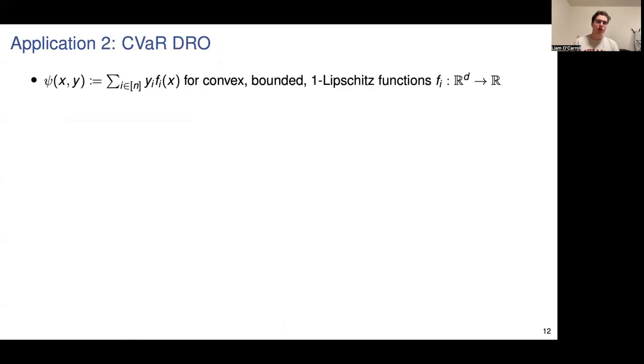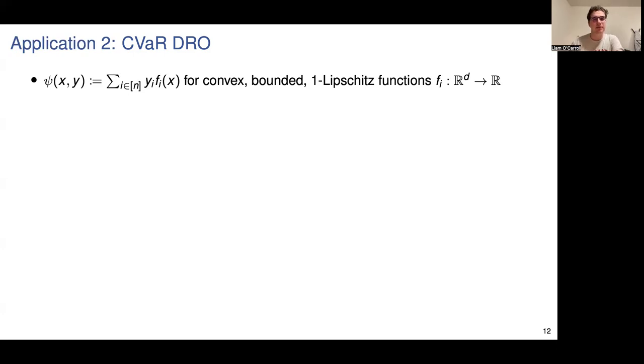Our second application is to a particular distributionally robust optimization problem, conditional value at risk DRO, which is a canonical and very fundamental distributionally robust optimization problem.